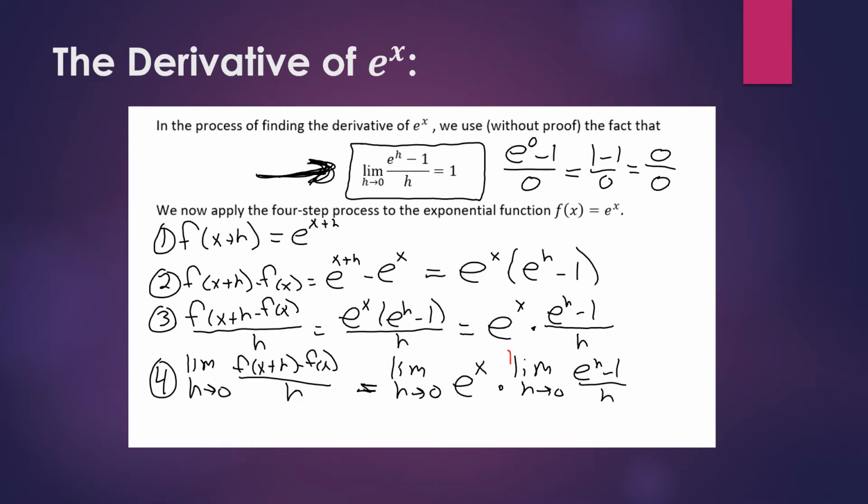Now we know that this here is 1, meaning we're left with just the limit as h approaches 0 of e to the x, which is e to the x. So the derivative of e to the x is e to the x.